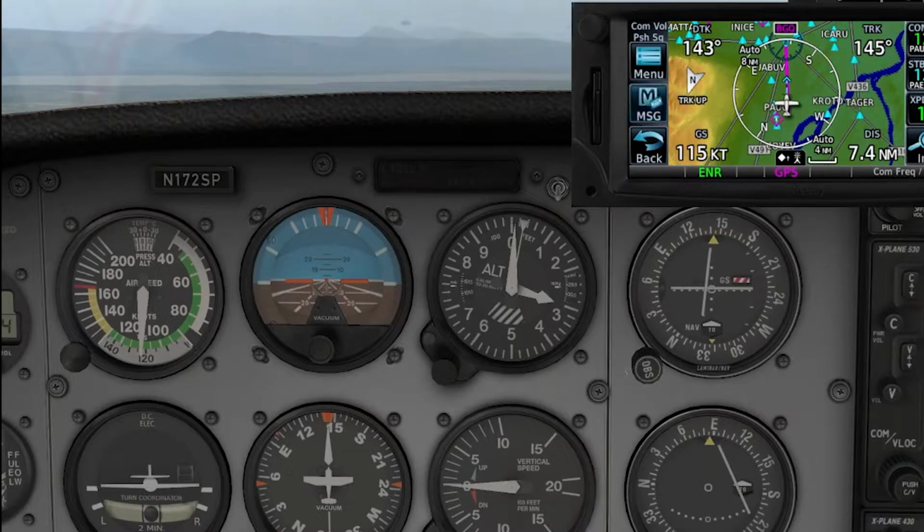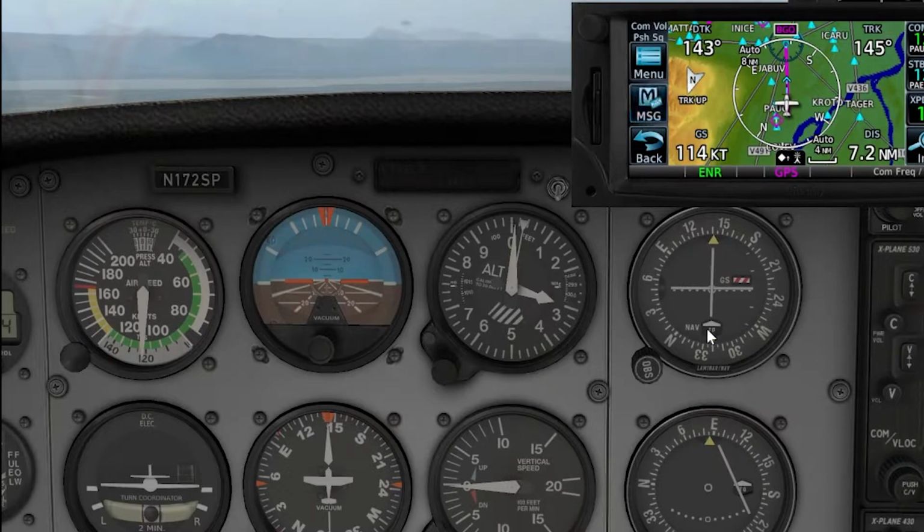So right now, we're flying 140 to the VOR, right? To the VOR. So since it's a to, we read the tail, the reciprocal, to tell me what radial we are on. We are on the 320 line, the 320 radial, coming from the beam.